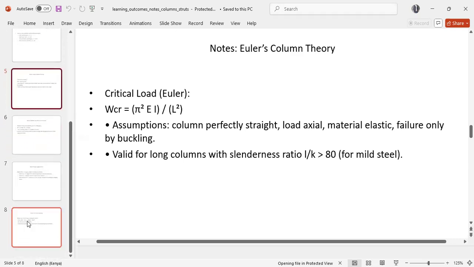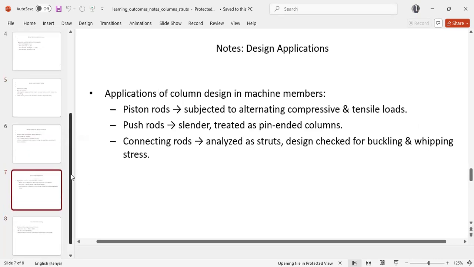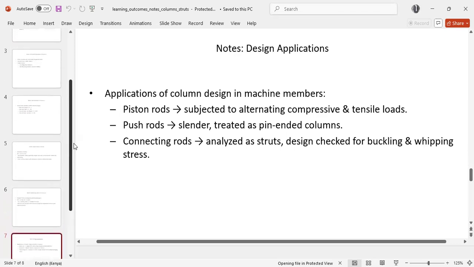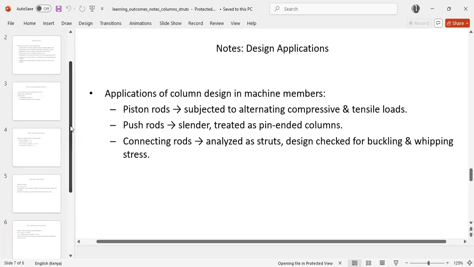I want you to go and explain, with the aid of well-labeled diagrams, the types of columns that you know. That will be the assignment for today, and I expect you to submit it before our next lesson, which is next week.